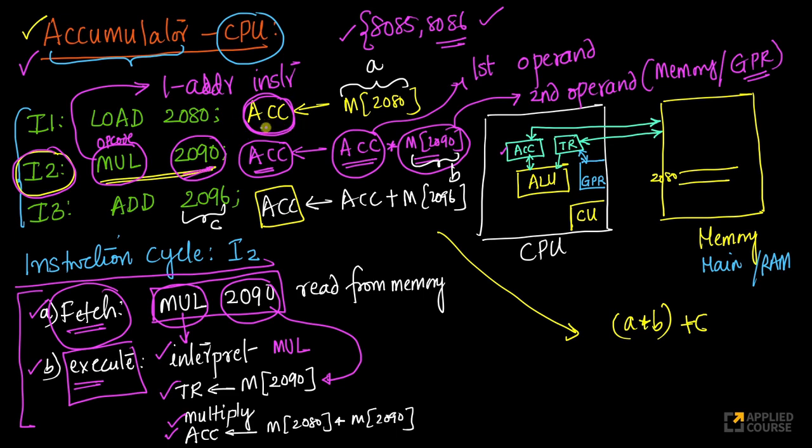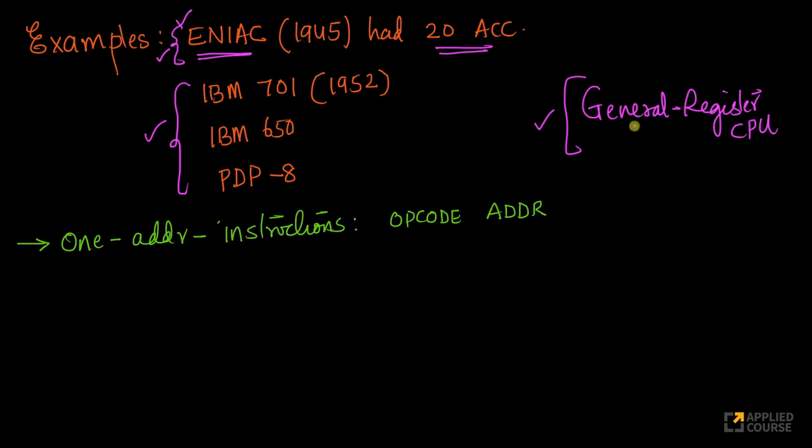Okay, we do have the accumulator register even in modern CPUs. So there is some takeaway from accumulator CPUs that we still use in modern general purpose CPUs, but it's just one component. General purpose or general register CPUs are much more powerful in general.